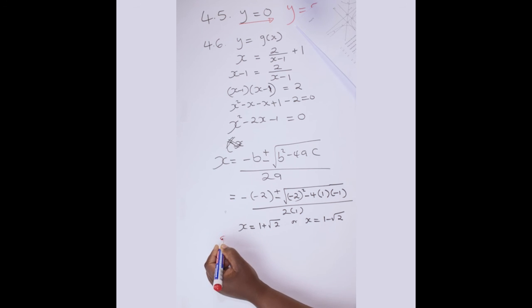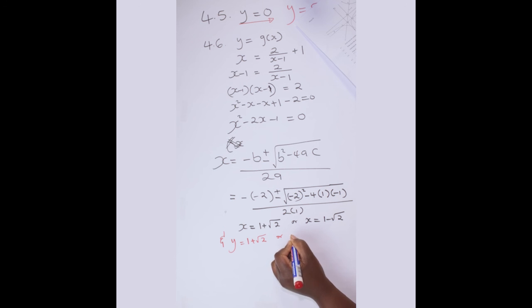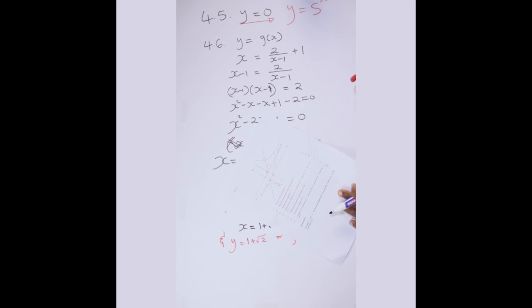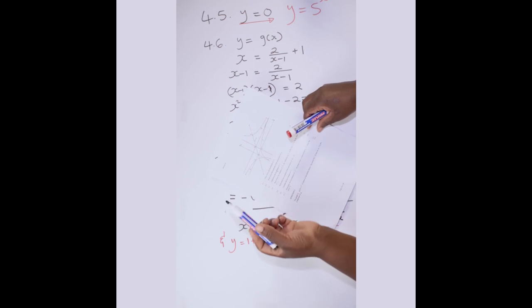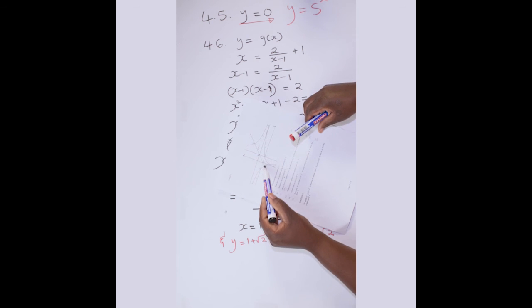In other words, y equals 1 plus the square root of 2, or y equals 1 minus the square root of 2. So you go back to the graph and ask, where do I find a positive and where do I find a negative intersection? In the first quadrant, I'm going to find both positive intersections, and in the fourth quadrant, I'm going to find negative intersections.